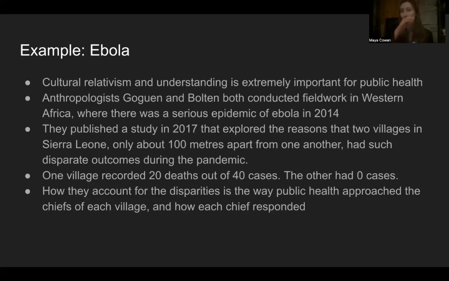So this is what I'm talking about when I say that cultural relativism is really important, and you're not going to get anywhere ever on any issue if you're just talking from your own position at other people who have a totally different position.